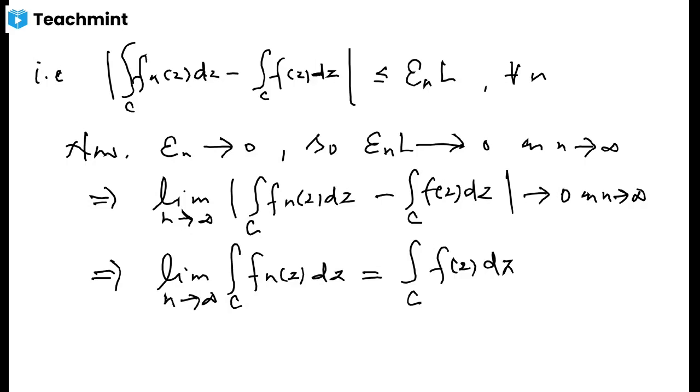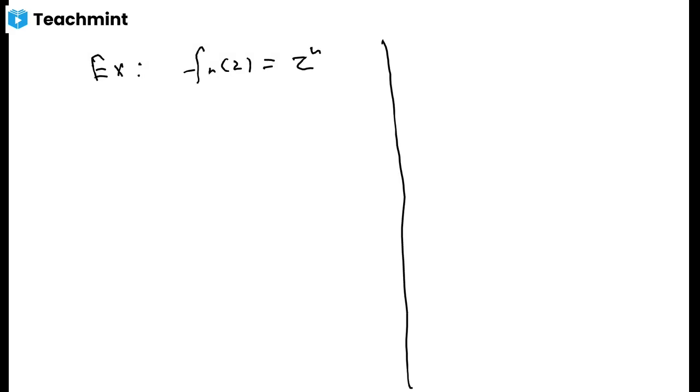Okay, just look at this sequence, f_n(z) equals z to the power n. In the beginning, I told you that this is a pointwise convergent sequence.